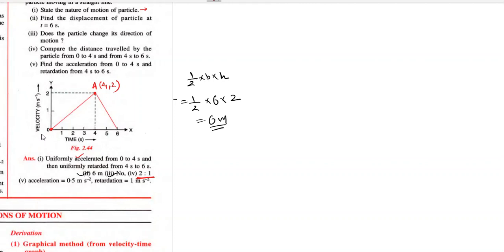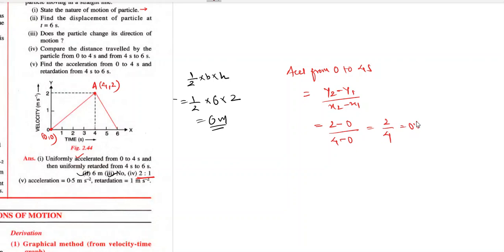What are the coordinates of point O? 0, 0. Correct. Now acceleration from 0 to 4 seconds is equal to y2 minus y1 upon x2 minus x1. So 2 minus 0 upon 4 minus 0. That is 2 by 4 or 0.5 meter per second square.